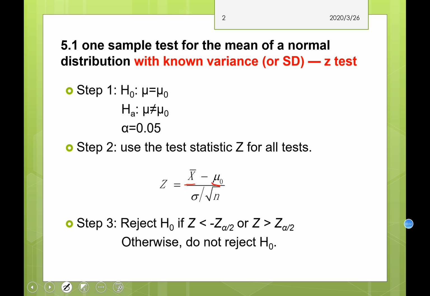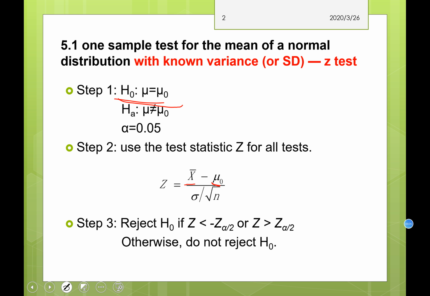But let's go back to step 1 here. When we are talking about the H0, the null hypothesis, that means there is no difference between the two populations. The first population is which is given in the question, and the second population is the underlying population, the population of the given sample.